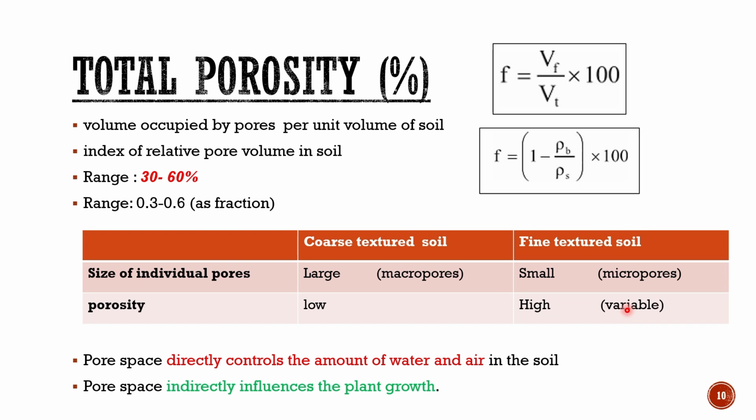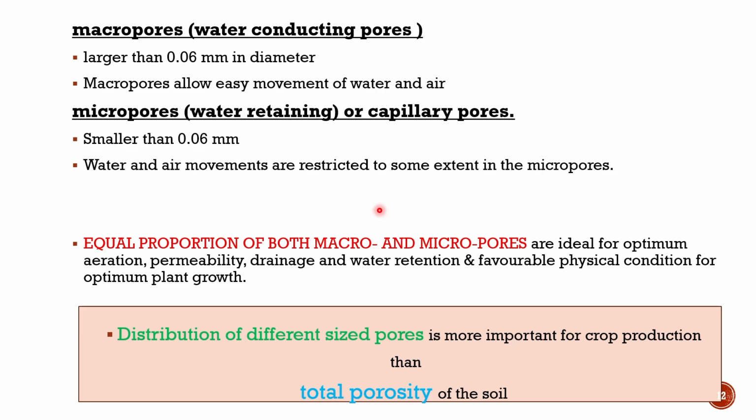So porosity is high in fine textured soil, but it is variable. That is a thing you have to understand from here. The porosity is high and variable in fine textured soil. And another point is about macropores and micropores.